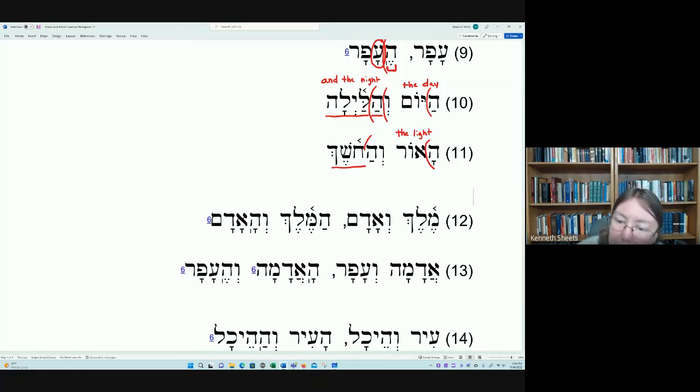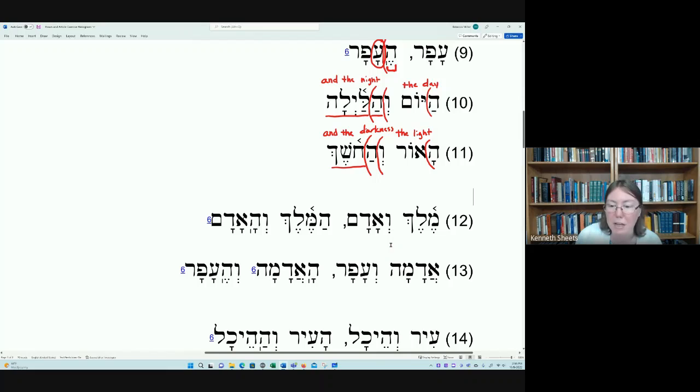We also have the hey article, and then we also have the conjunction here. So the conjunction and the article, the, and then choshek, darkness there. So thus we have then the light and the darkness. And so those then are the different forms.